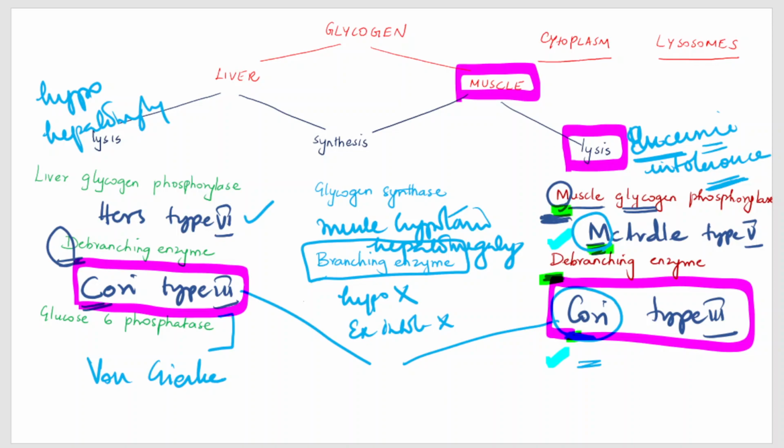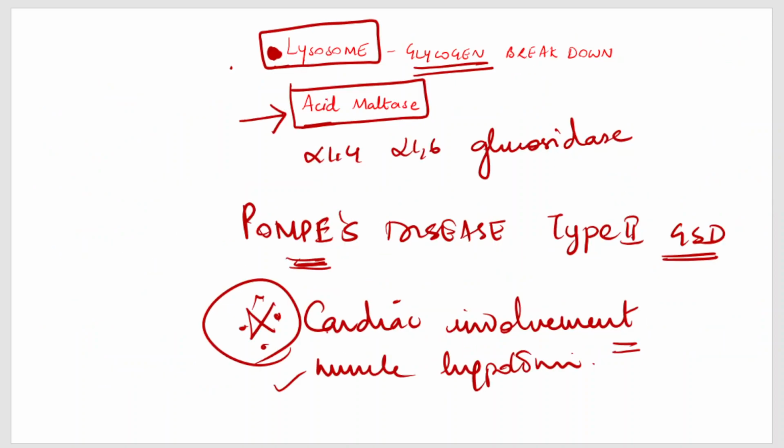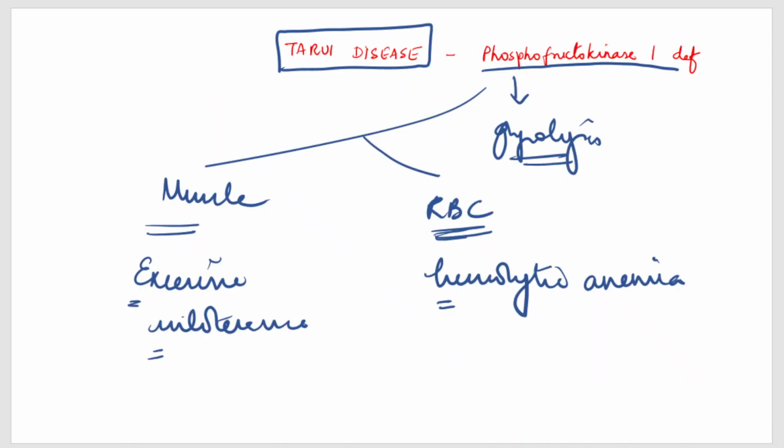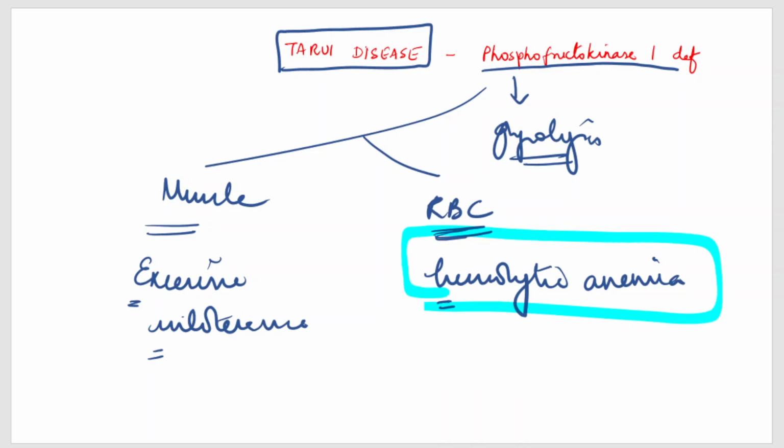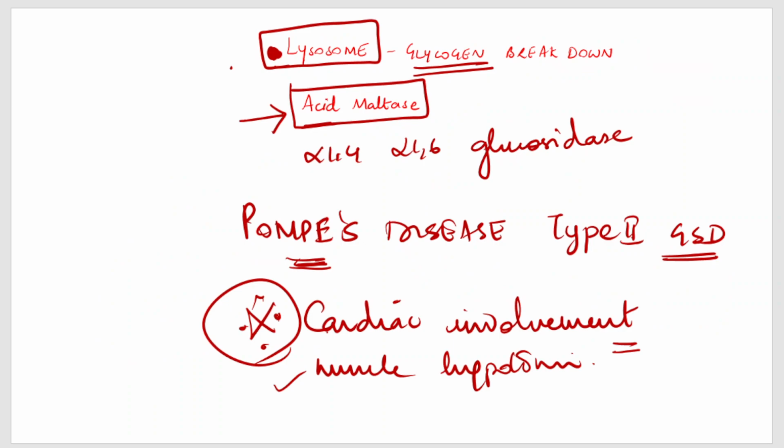And what is a glycogen storage disease which can lead to hemolytic anemia? It is Tarui's disease, right? But it does not cause hypoglycemia. Instead, it causes exercise intolerance. And what causes cardiac involvement?